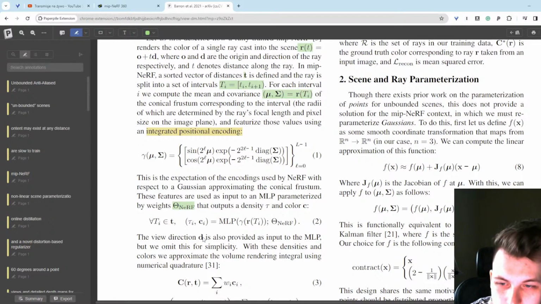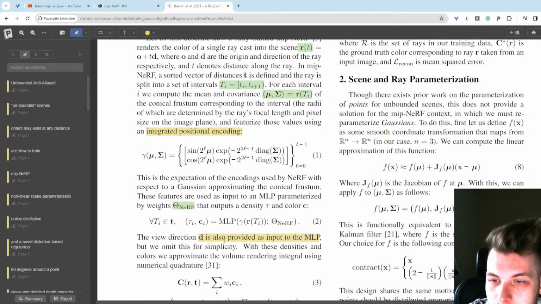And the view direction is also provided as input to the MLP, but we omit this for simplicity. For most NeRFs, and this is also the case for Mip-NeRF, you provide the view direction, usually as theta and phi as in the original NeRF.